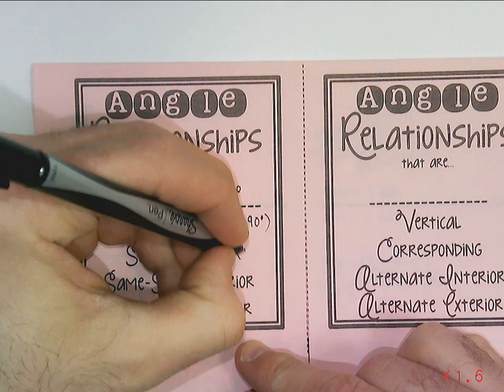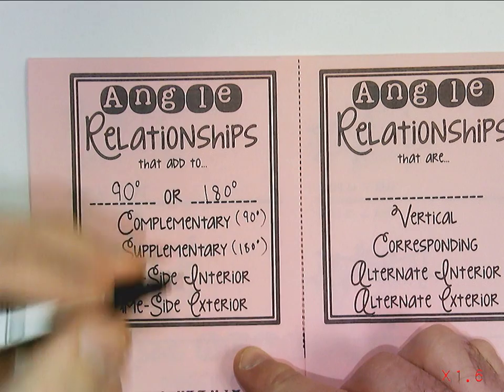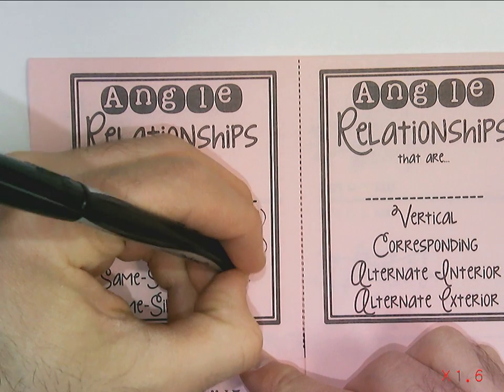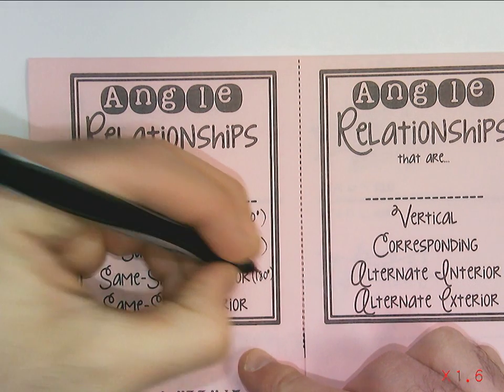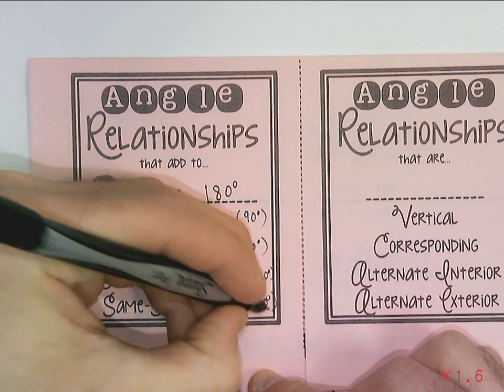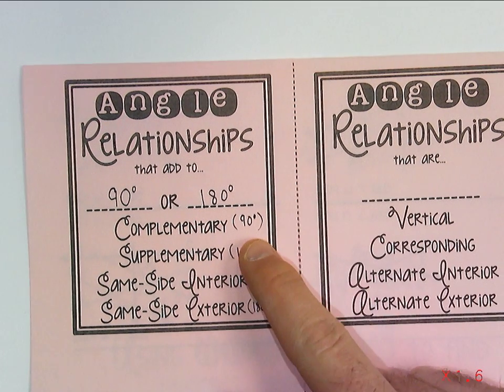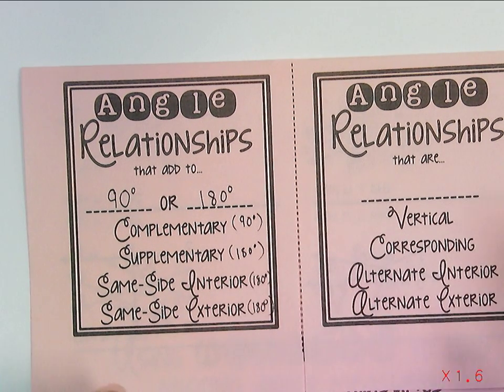Supplementary add to 180 degrees. Same side interior add up to 180 degrees. And same side exterior also add up to 180 degrees. So really the only odd one out here is the complementary angles, which add up to 90 degrees.